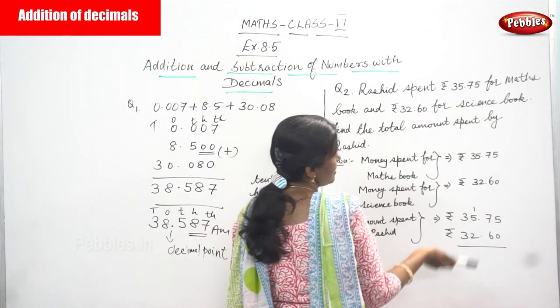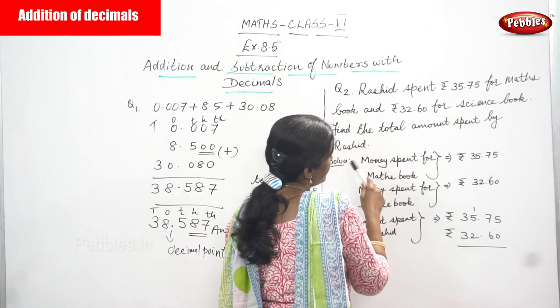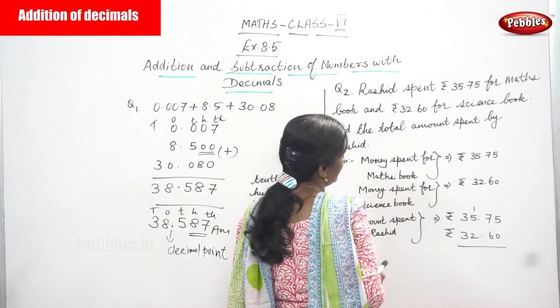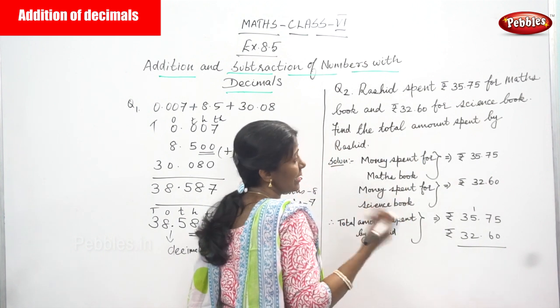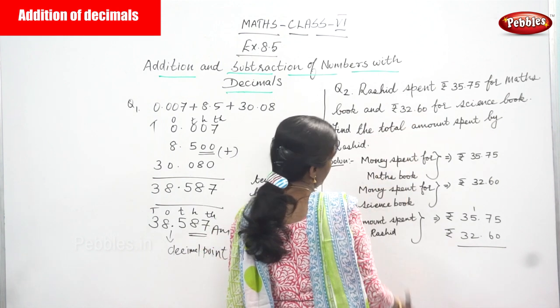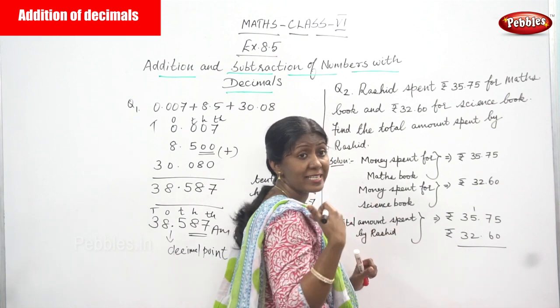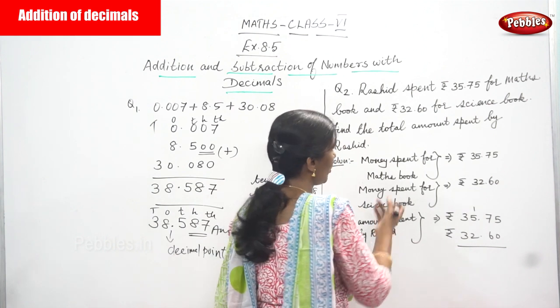So the cost of the maths book is 35 rupees 75 paise, and he spent rupees 32.60 for a science book. That is, the cost of the science book is rupees 32.60. Find the total amount spent by Rashid. So how much Rashid spent in total, that is the question they asked.